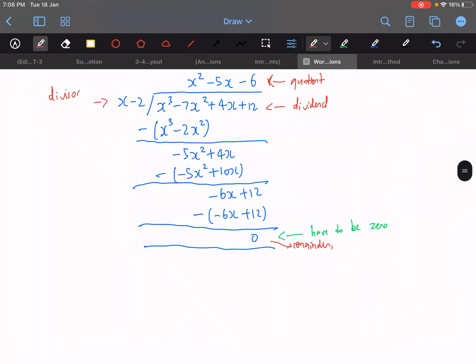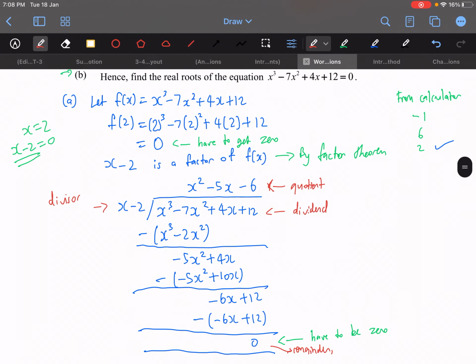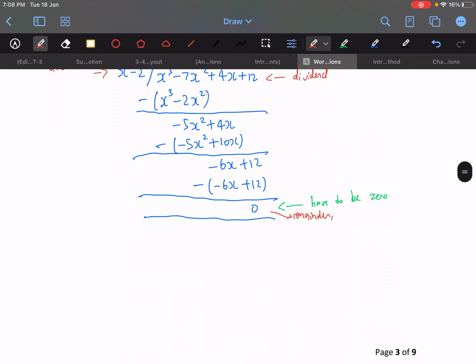Okay, so once you have all this already, then let's plug it into the division algorithm. So your division algorithm states that your dividend is equal to your divisor multiplied by your quotient plus your remainder.